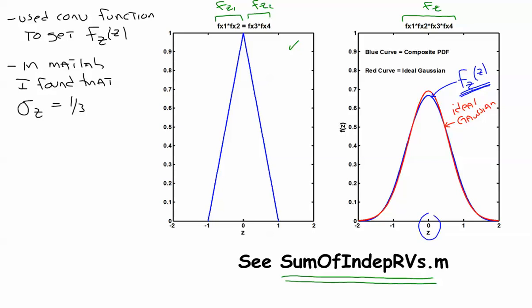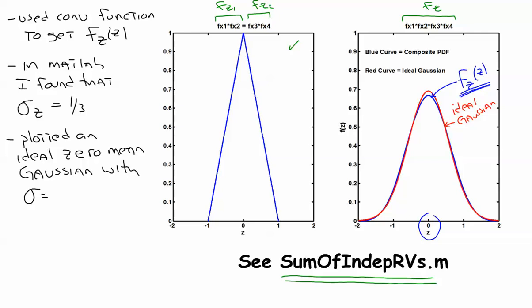So what I did then was I plotted an ideal zero mean Gaussian with sigma of 1/3. That's where I got my ideal Gaussian over here.